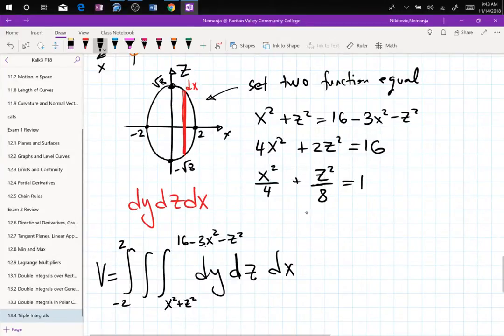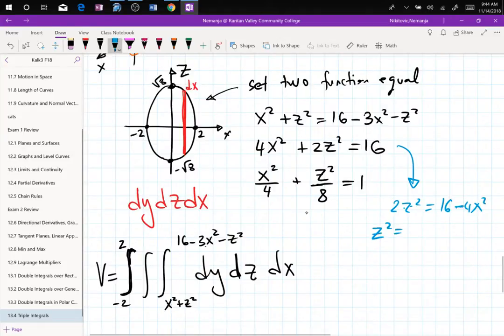The only one that is left is the middle integral, and that would be the top and bottom equations of the ellipse, because you cut the ellipse in half on the x-axis. So you need to solve this equation for z. It's easier if you solve for z squared. So you have 2z squared equals 16 minus 4x squared.